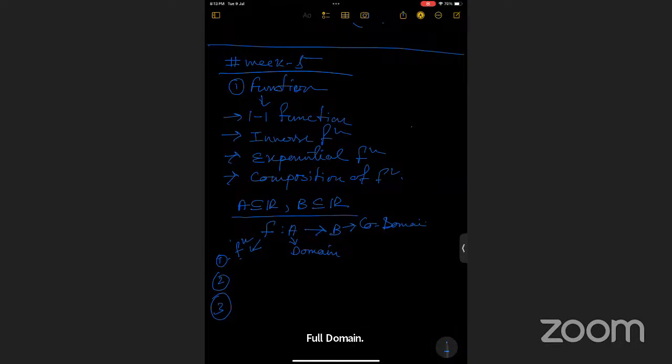Yes, ma'am. And if we calculate f of A, it is a subset of B. It can be the whole set B, or it can be a proper subset of B also, right? This is basically the image of the elements of A under the function f, right?